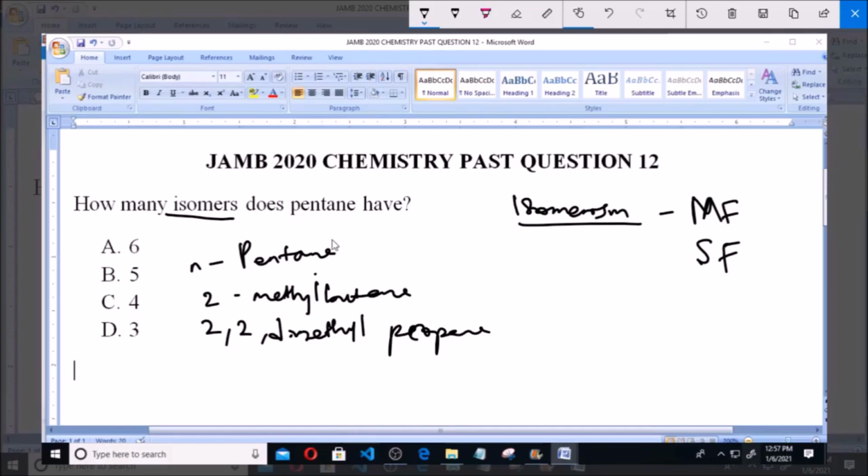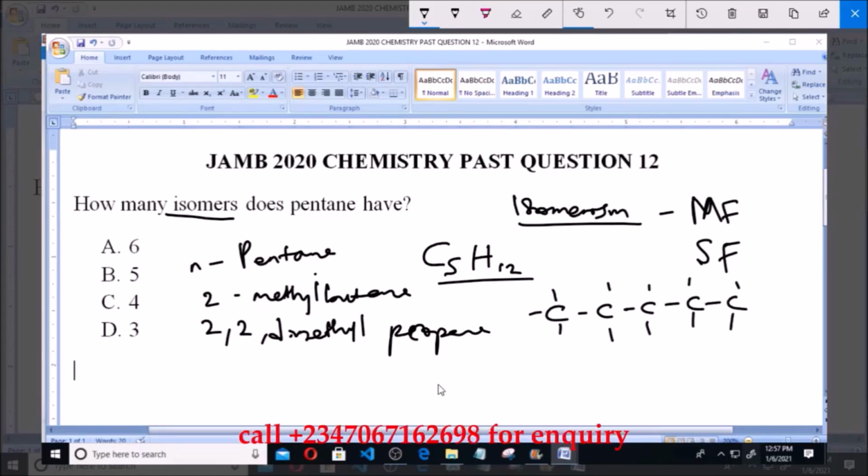Now these are the isomers of pentane. Looking at all of them, you see that they all have the same molecular formula, which is C5H12, but their structural formulas are different. Pentane's structural formula is C, C, C, C, C, with the hydrogens attached. For 2-methylbutane, we have C, C, C, C, with a methyl group attached to the second carbon.